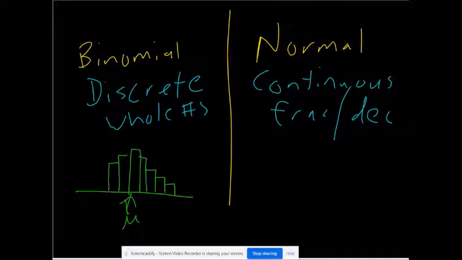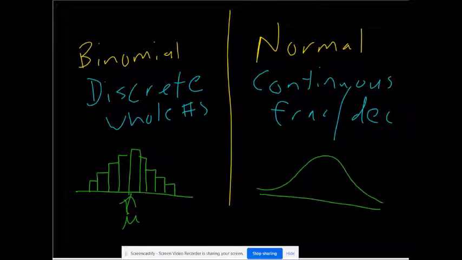But it should look somewhat symmetrical around mu. Whereas the normal distribution is going to look like the normal curve. Now, what we want to be able to do is approximate the binomial distribution with the normal distribution. And it can be done, it just requires a little computation, a little work.